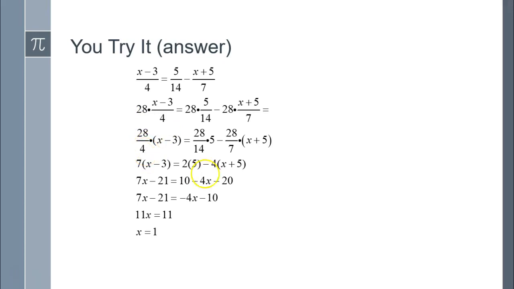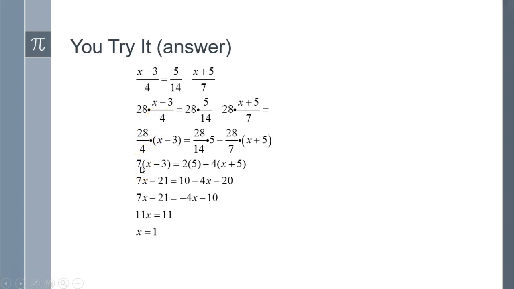You don't have to write that step, although I encourage you to write as many steps as you possibly can find to avoid mistakes. But that's what I'm doing when I come up with this 7, is 28 divided by 4 is 7. So you're always taking whatever you chose for a common denominator, and looking to reduce it with the denominator of each individual fraction.